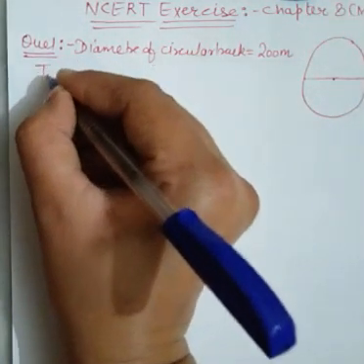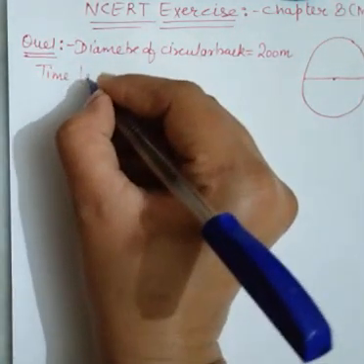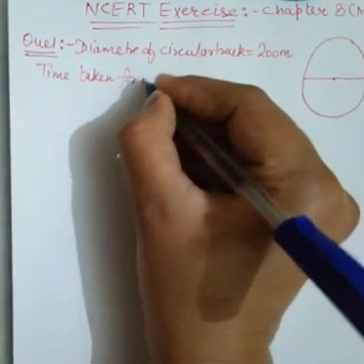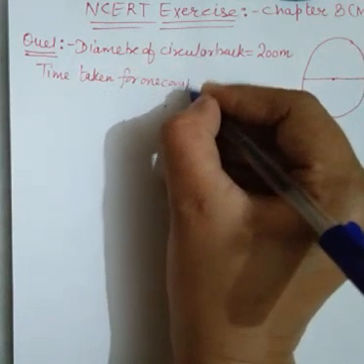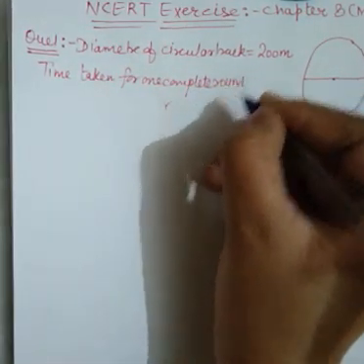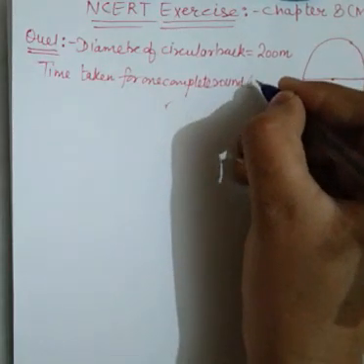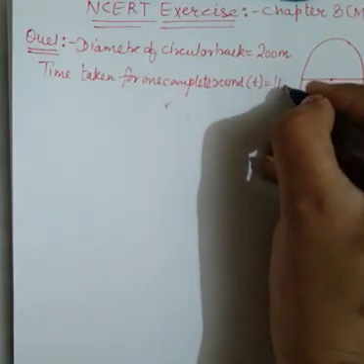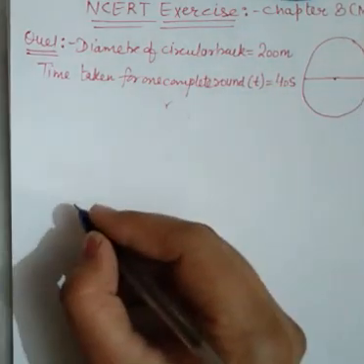It means the time taken for one complete round, I am using the symbol small t, that is 40 seconds.